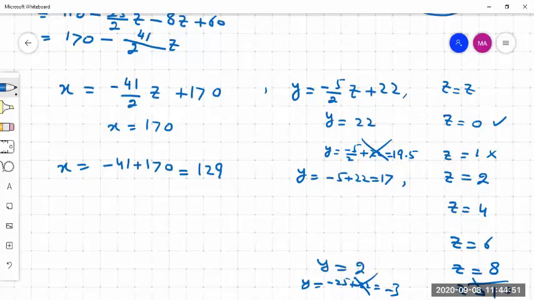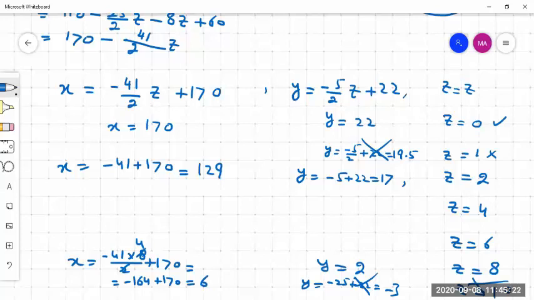And similarly, x would be negative 41 times 8 by 2 plus 170. That is 4 times negative 41, so negative 164 plus 170, which equals 6.